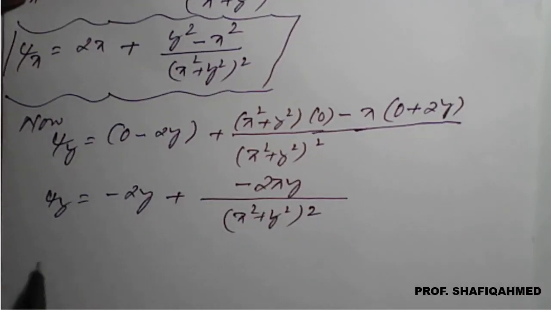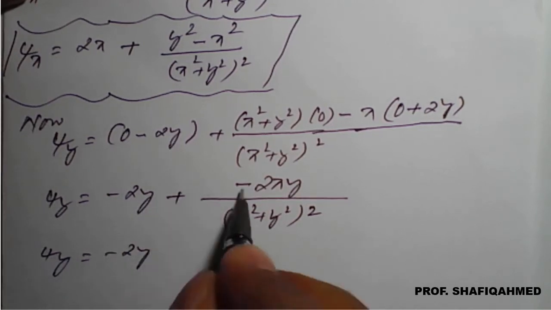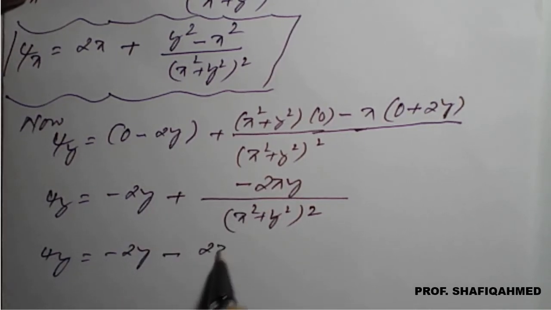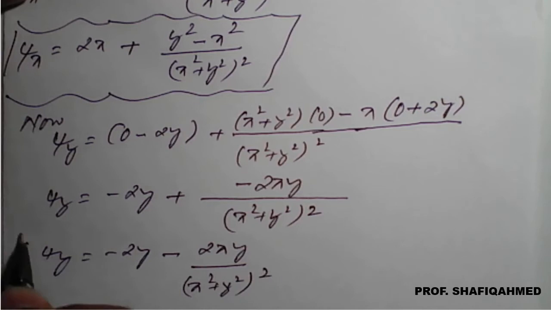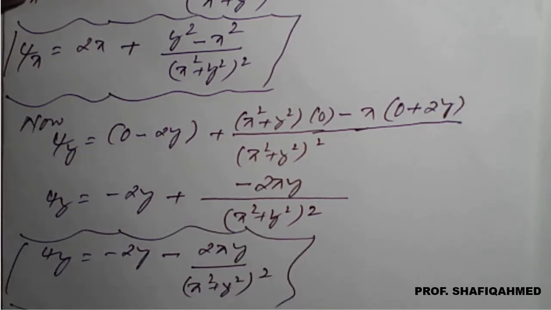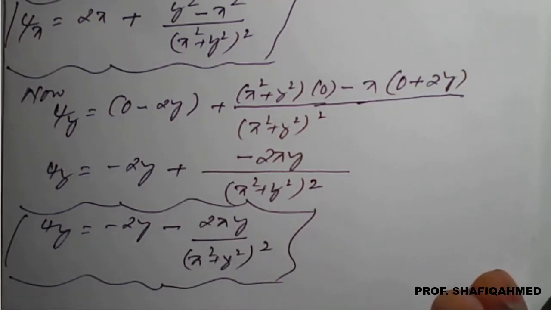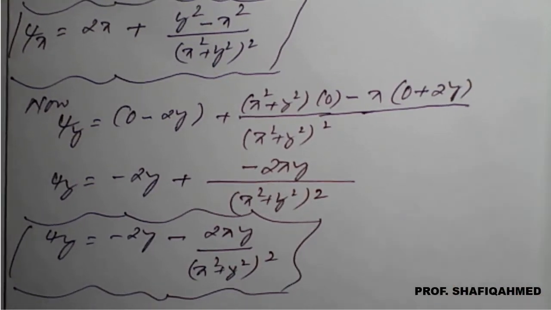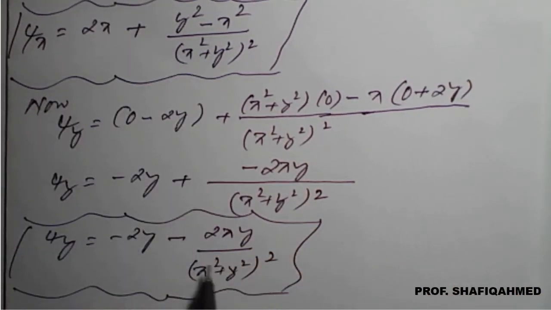Or I will rewrite this psi of y as minus 2y, plus into minus is minus 2xy divided by x square plus y square whole square. So this is the partial derivative of psi with respect to y. So in this way we have to get psi of x and psi of y.